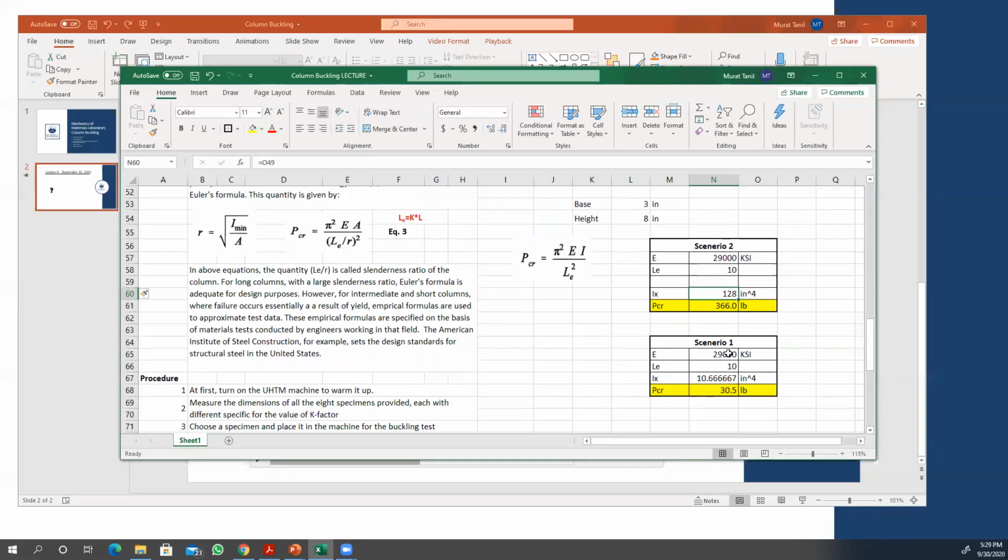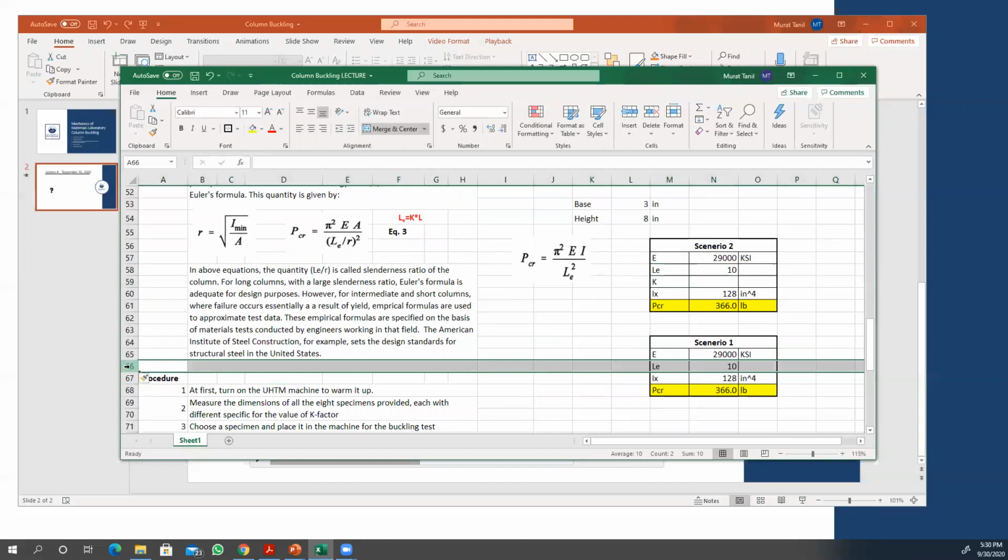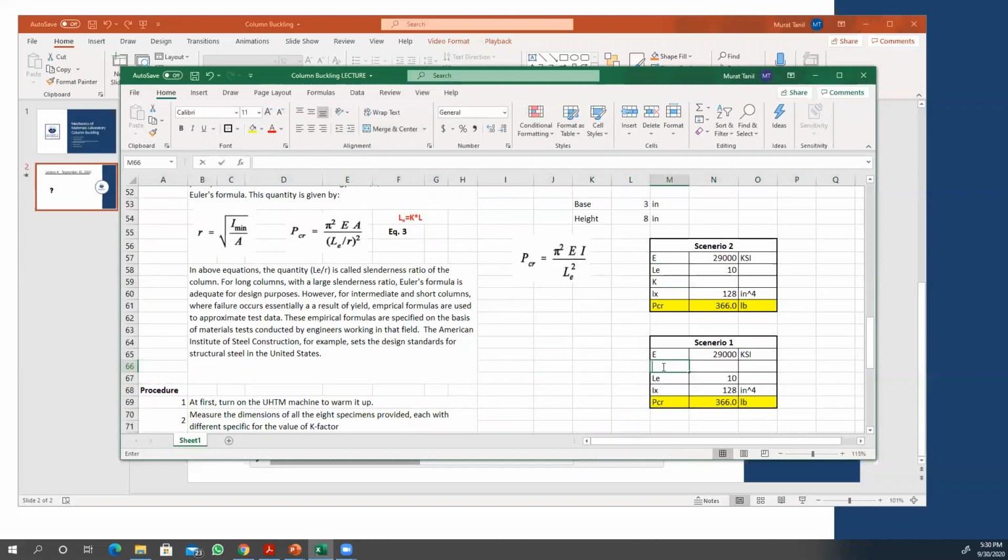I'm gonna assign it 128 inch to the fourth. I have K value.